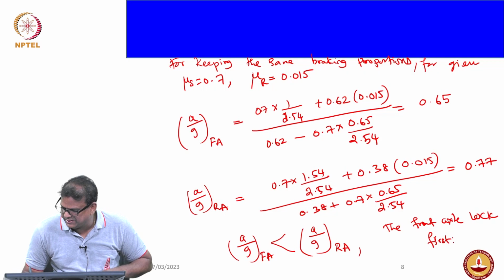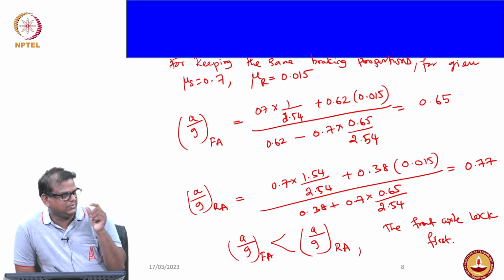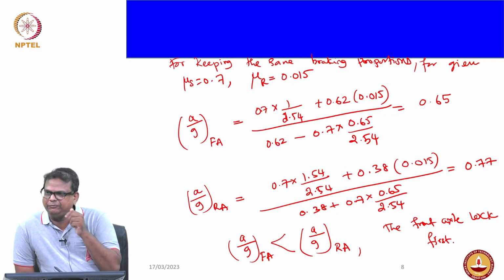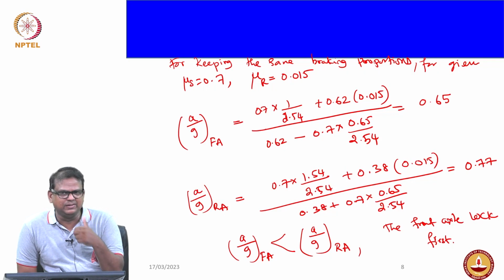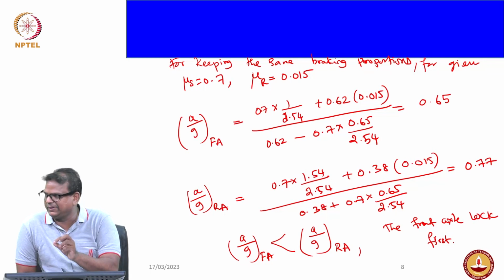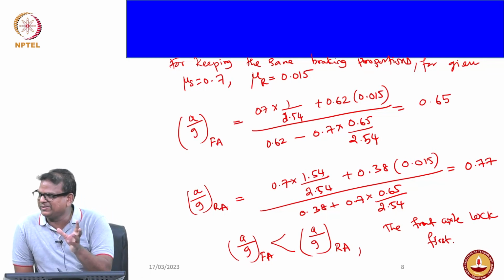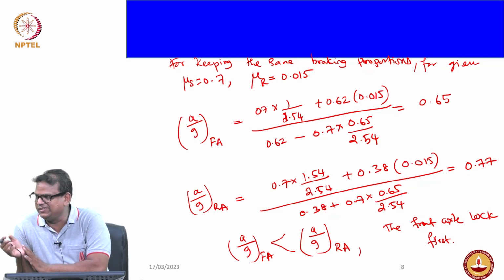Now let me ask a question. What do you understand now? We are using the same proportions. If you change your mu s, obviously the scenario completely changes. Remember, when we derived the equation, we said this is valid at one particular road adhesion factor. If the road adhesion factor changes, obviously the locking of the wheels will change accordingly.